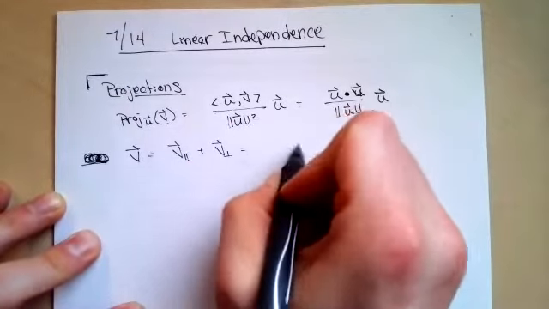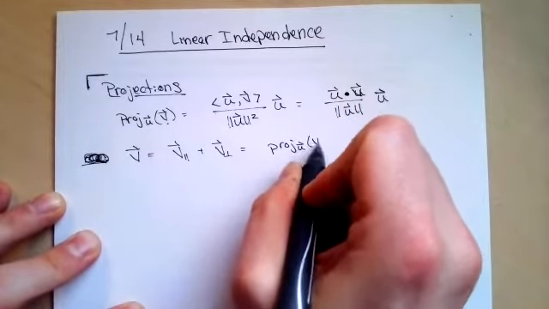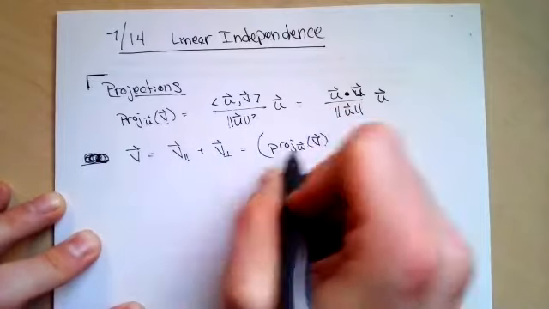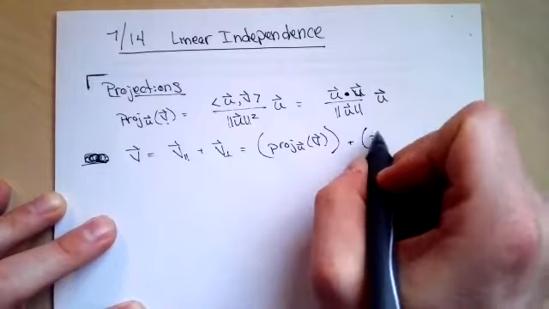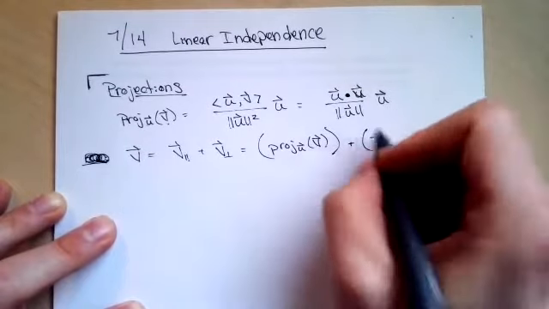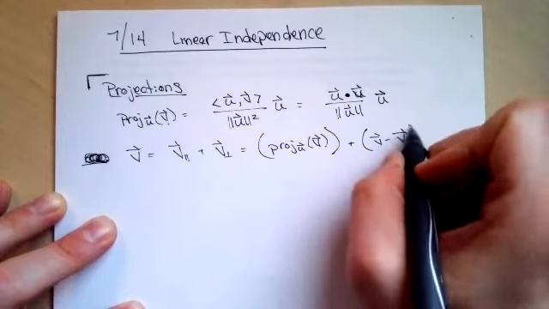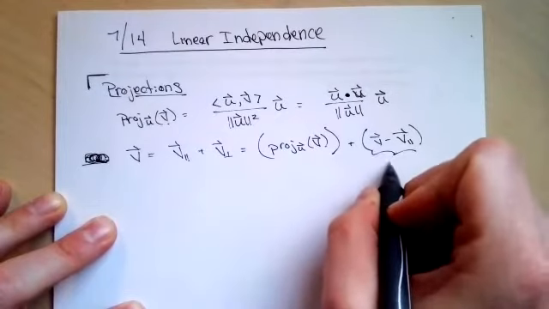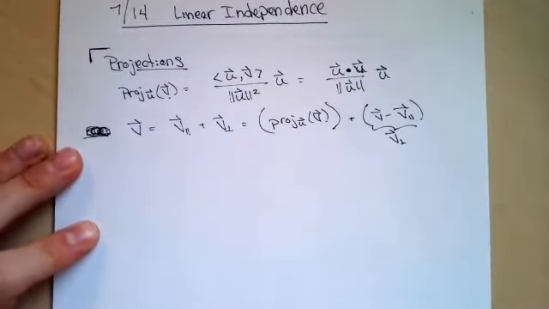And of course, our parallel component was just our projection. And then how did we find the perpendicular component? We just took the original vector V and subtracted off the parallel component. And that will give us the perpendicular component.